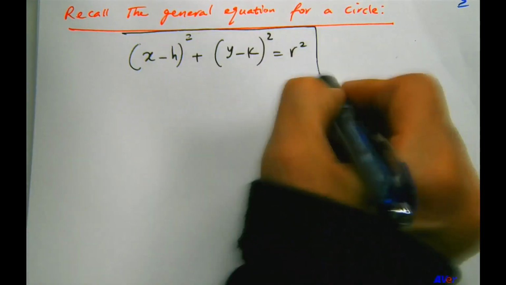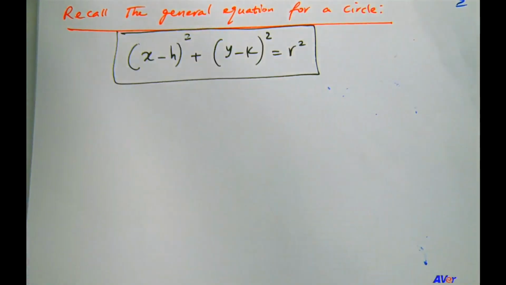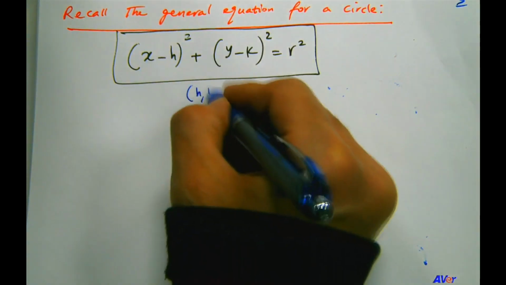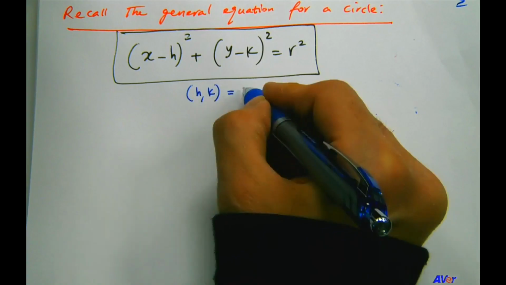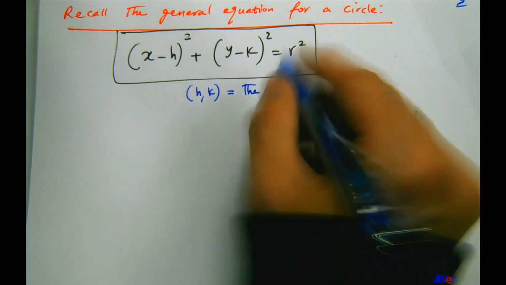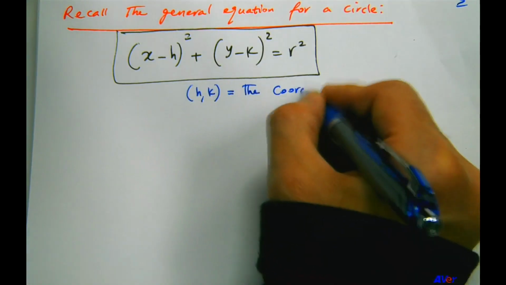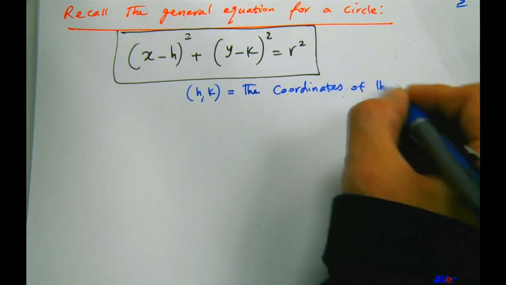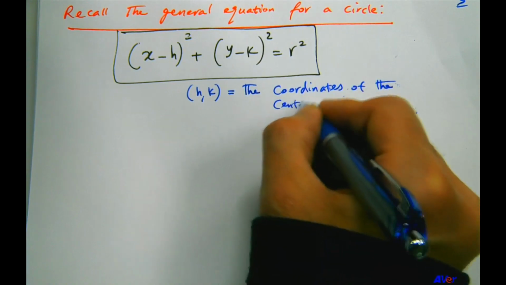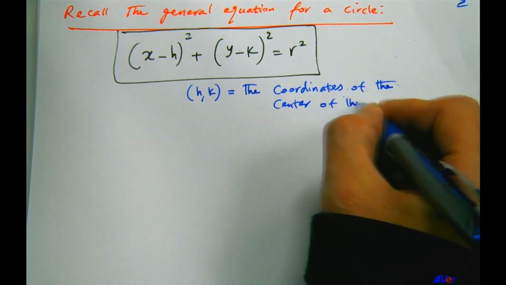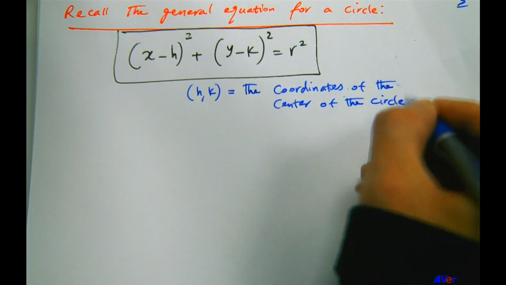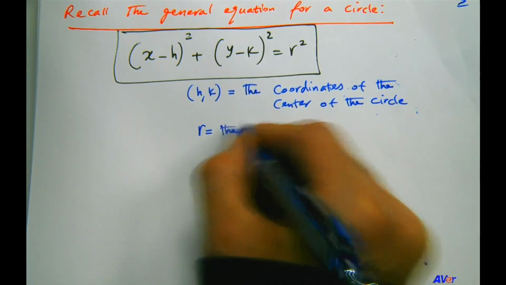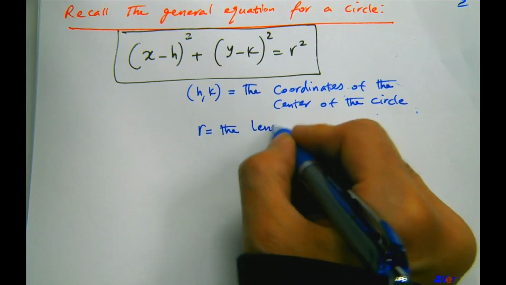Remember this? Let's also recall that h comma k refers to the coordinates of the center of the circle, and r is the length of the radius.